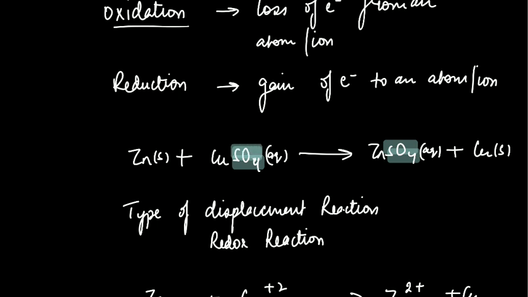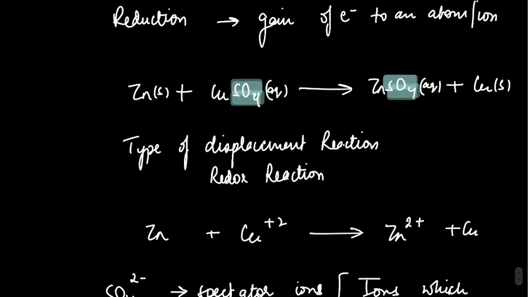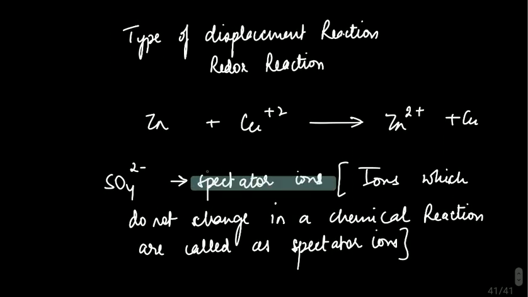But over here, the sulfate radical is unchanged on both sides of the chemical reaction. That's why we call it a spectator ion. It's a definition: ions which do not change in a chemical reaction. Their identity doesn't change. So I removed those spectator ions and wrote the reaction in this ionic equation format.